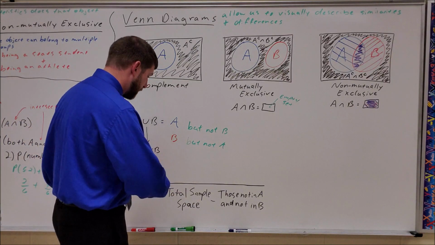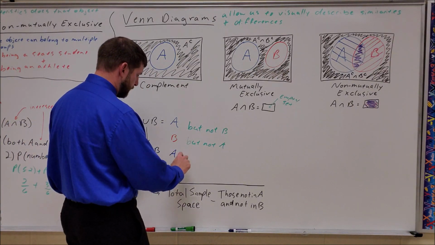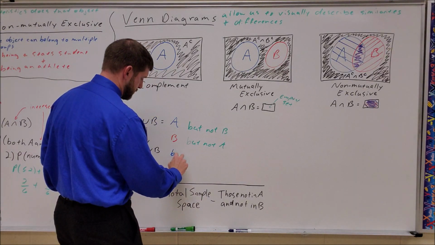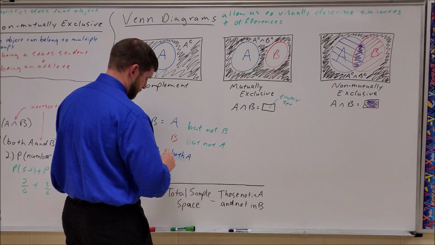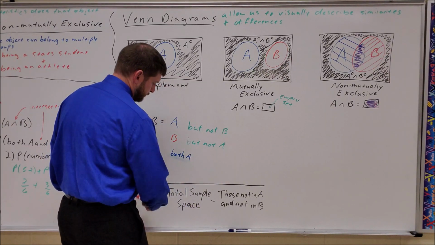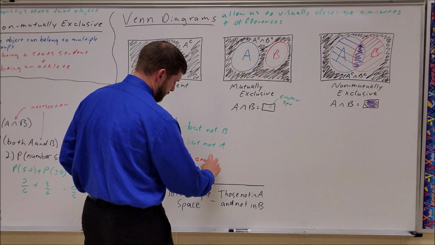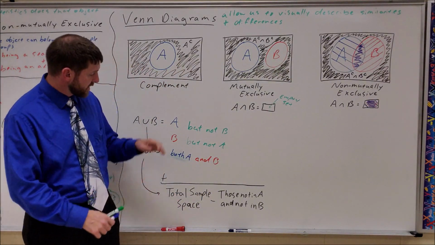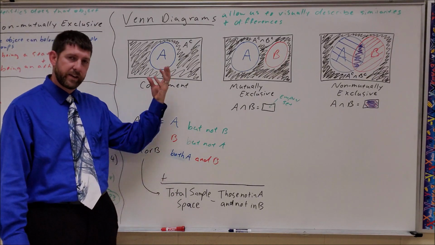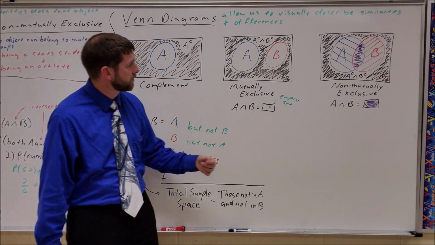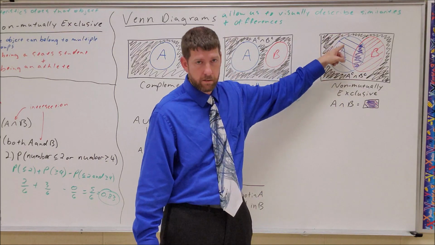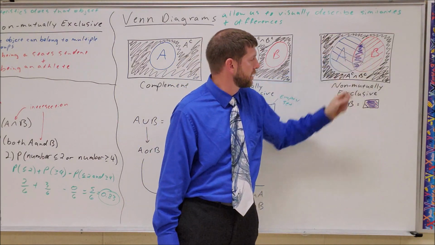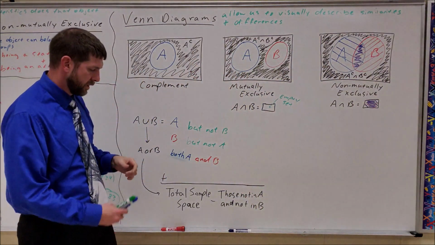And anything that's in both of them, so anything that's in both A and B, would also be considered a success in this case. So these are the three areas that fit in the A union B, or A or B. Anybody in this blue only would be considered a successful outcome, anybody in the purple region, and anybody in that red region right there.